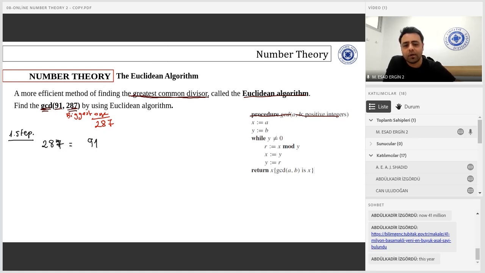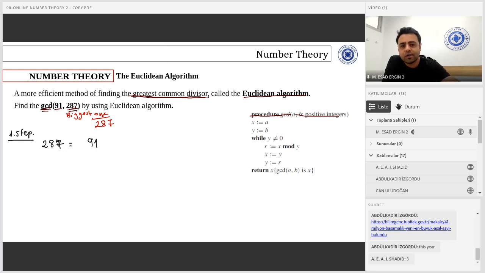For example, I'm going to open my calculator too. If I do 91 multiplied by 3, it will be 273. So if I multiply by 3 and add, it will be 14, right?